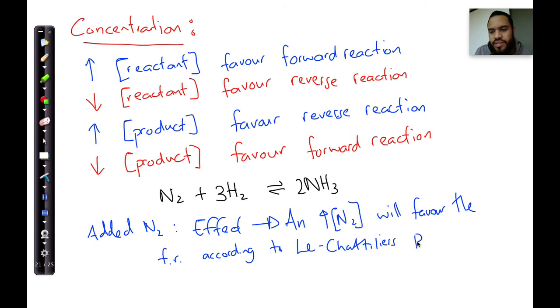Okay, so we can say that clearly. Now, what effect will it have? You can continue further. This is exactly how you answer a question.